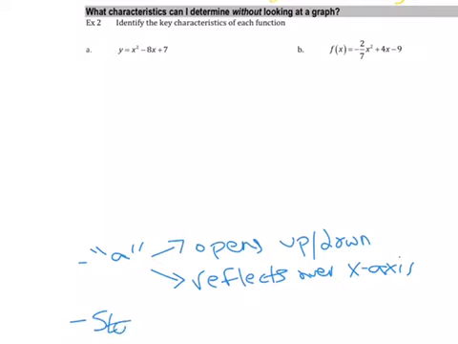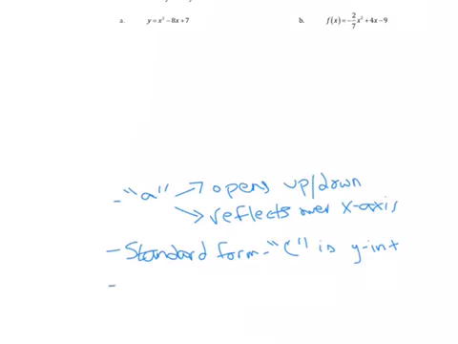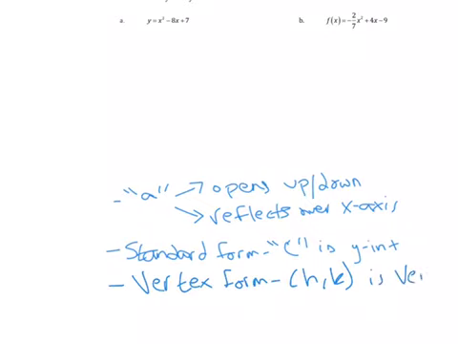In standard form, the c is the y-intercept. And in vertex form, (h, k) is the vertex.